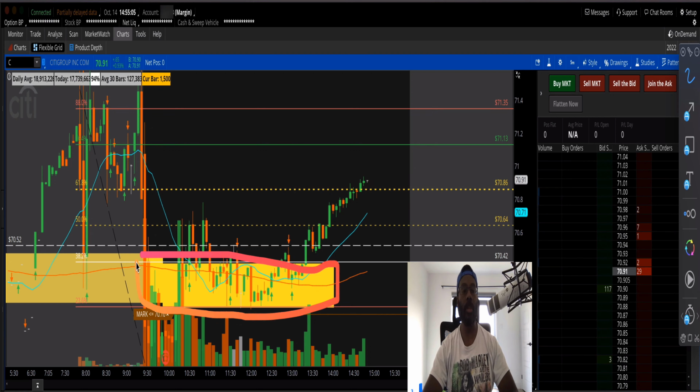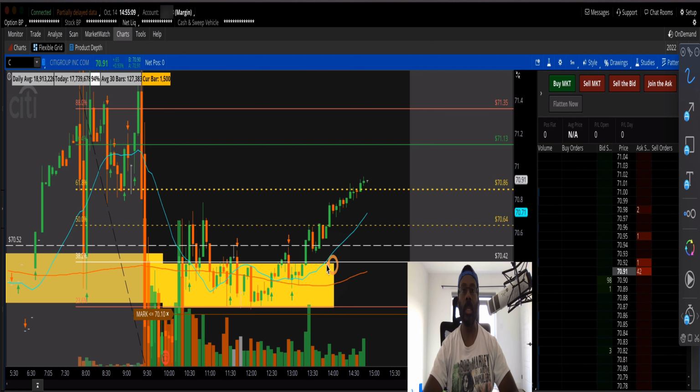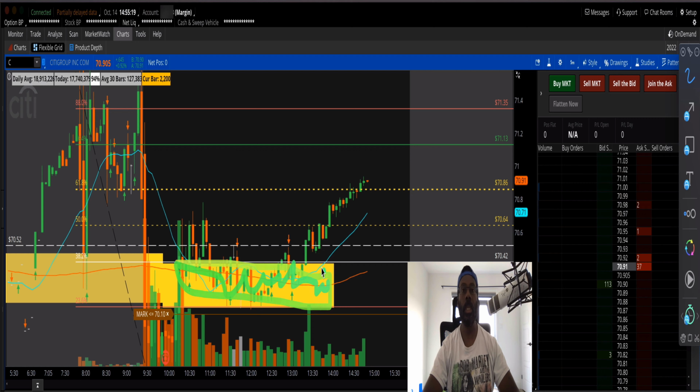This was the majority of the day, up until almost 3 o'clock, and then it finally broke out after literally consolidating in a box, bouncing up and down in a range, and then breaking out to the upside. Finally, I had to pull the trigger and get out. So that was that trade.